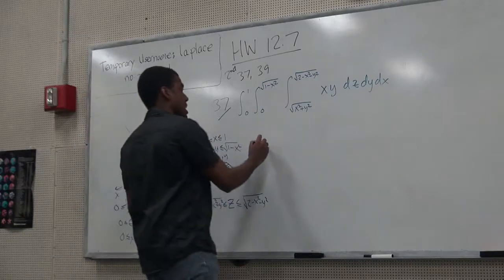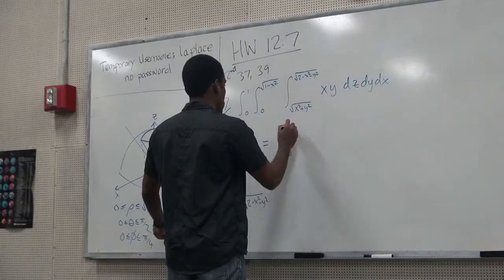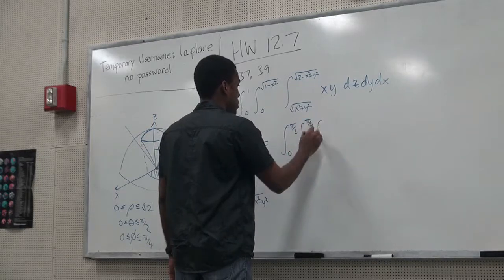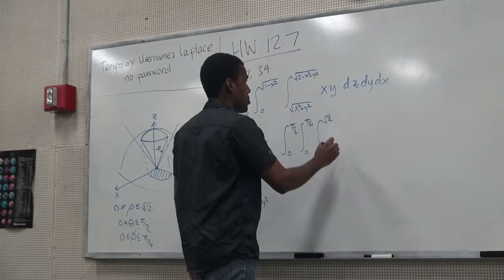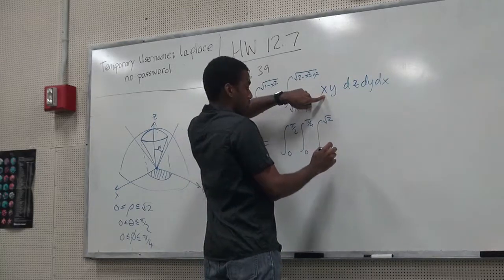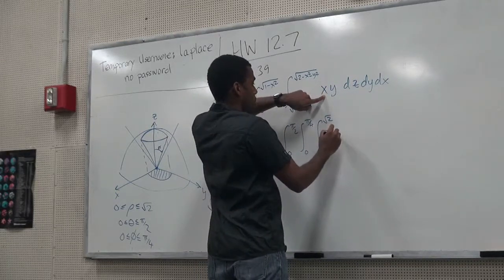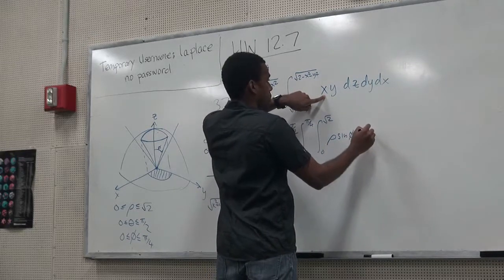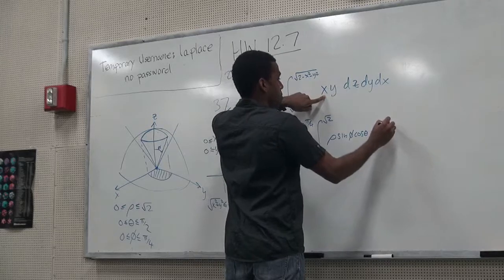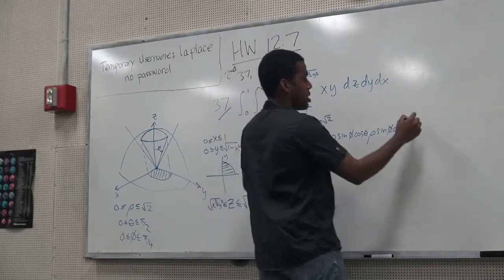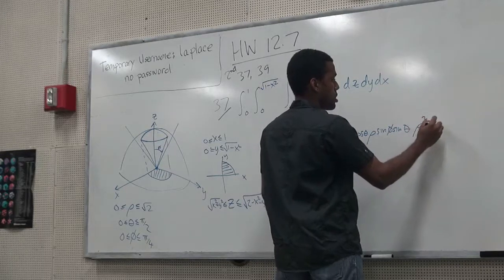So then this integral is going to be theta from 0 to pi over 2, phi from 0 to pi over 4, rho from 0 to root 2. And what's x? Rho sine phi cosine theta, and y is rho sine phi sine theta. And then your dx dy dz becomes rho squared sine phi.